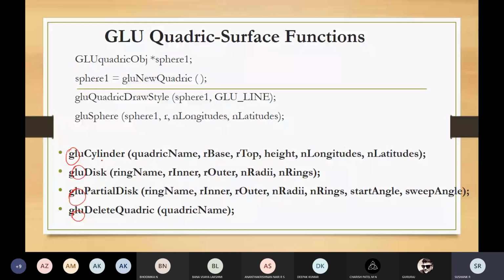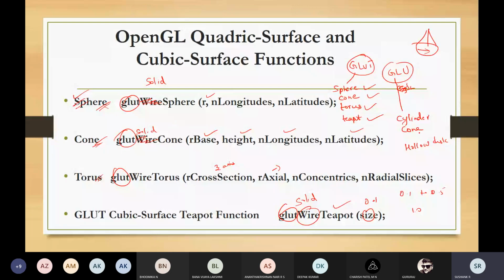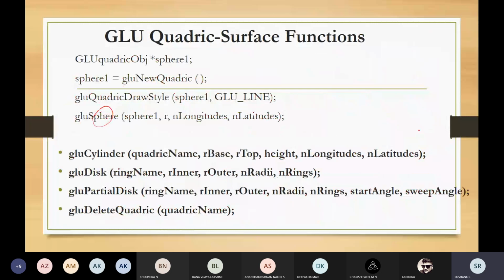So now we are going to talk about the GLU functions. By using GLU functions also, you can display a sphere, a cylinder, a cone, and a disk.